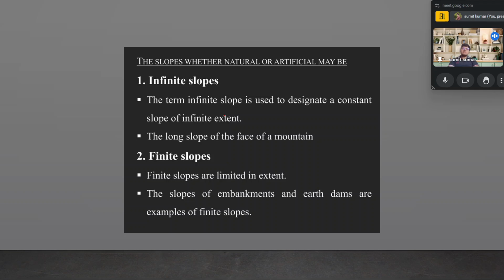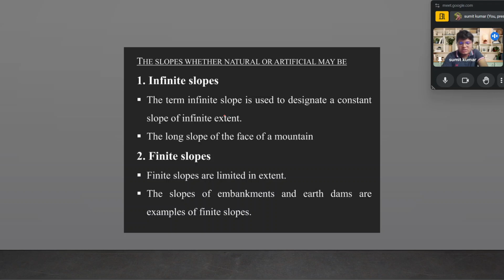Now we talk about the slope, whether natural or artificial, may be infinite or finite, as it has been a debatable topic earlier. When we do not have a better understanding, we feel that all the natural slopes are infinite and all the man-made slopes are finite, but that is not always the case.